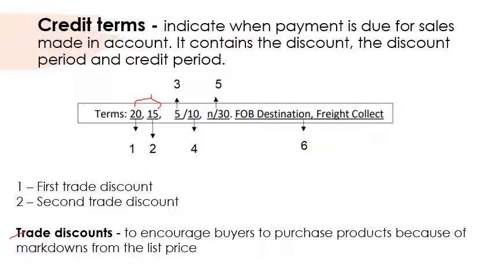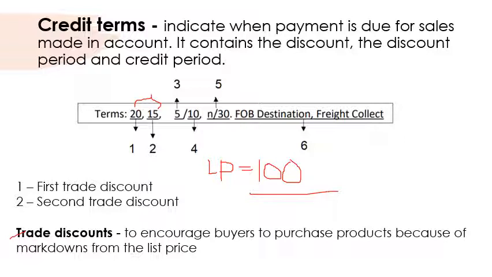For example, if the list price is 100, how do we get the trade discount? The trade discount is 20% of 100. 20% of 100 is 20. That's the first trade discount. And how do we get the second trade discount? That would be 15% of the remaining amount after you deduct the first trade discount.